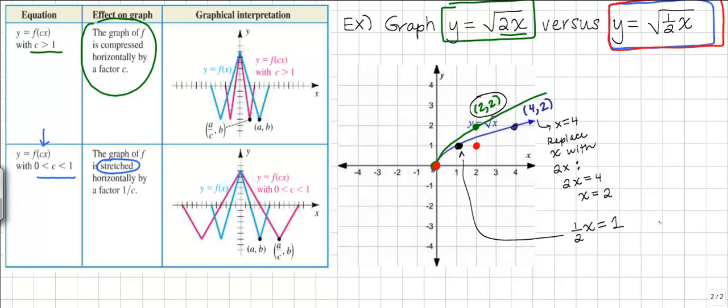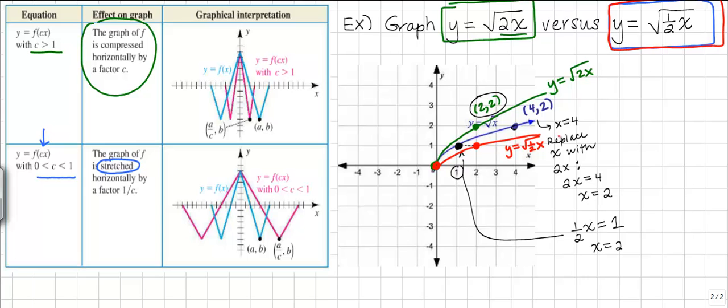So if 1/2 x were to equate to the value x equals 1, I would know where this position moves, and solving that means it would move to the point 2, 1. Okay, so your graph is as follows. The green graph is the square root of 2x, and the red graph is the square root of 1/2 x.